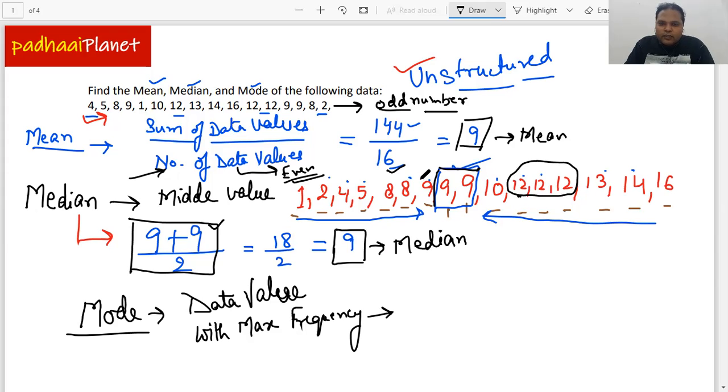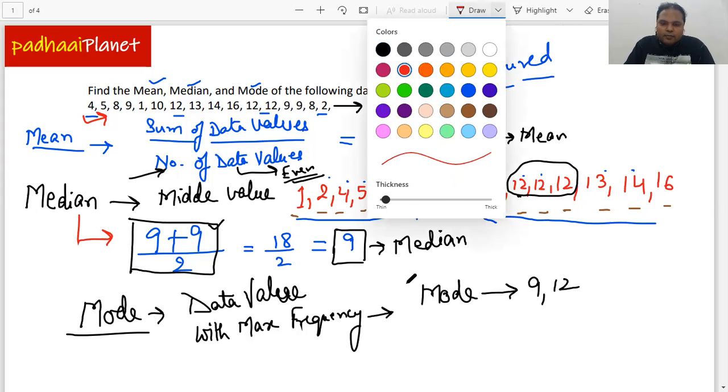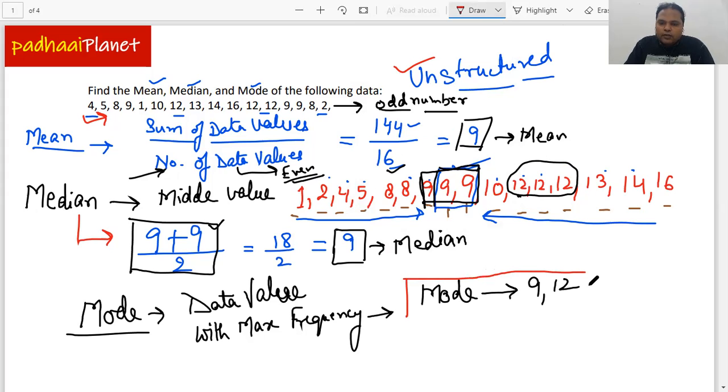And then we also see that 9 is repeating here, which is also thrice. It is very much possible that a data set has more than one mode. So we can write that the modes of the given data set are 9 and 12, because they both repeat most in the data set.